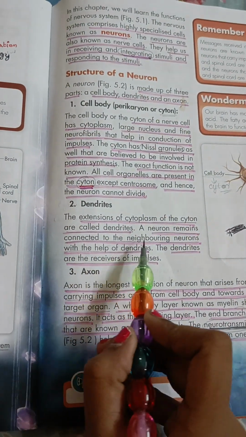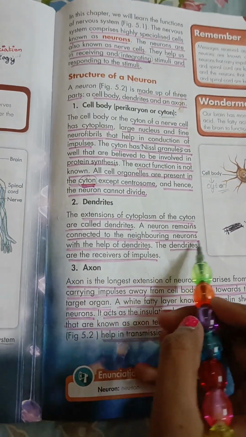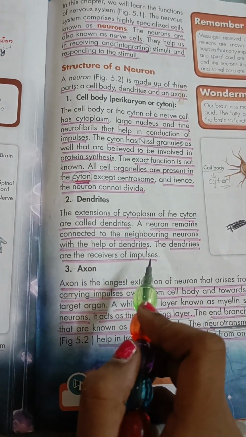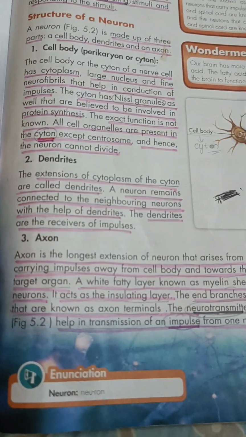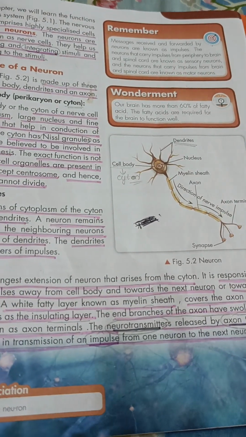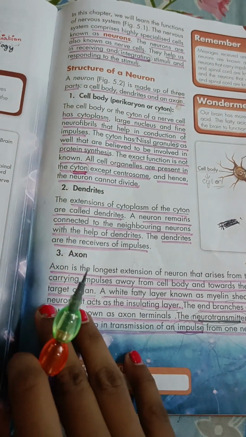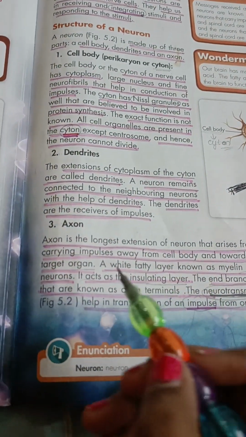The dendrites are the receivers of impulses.